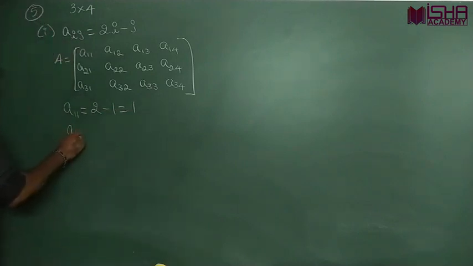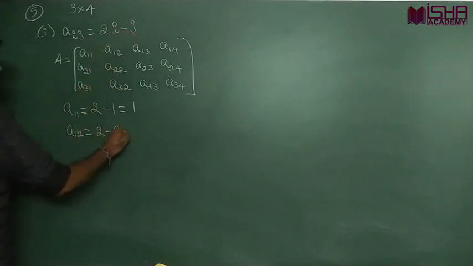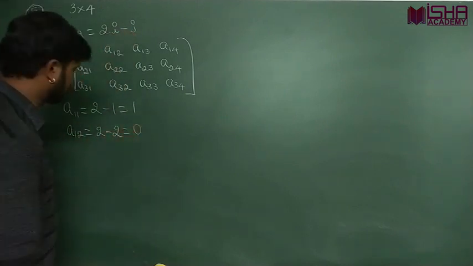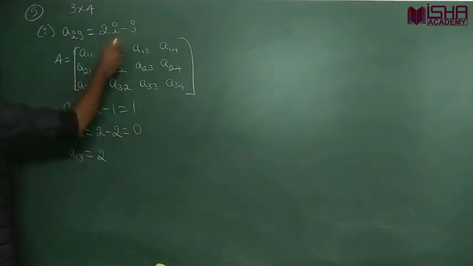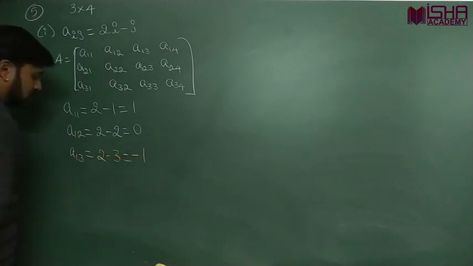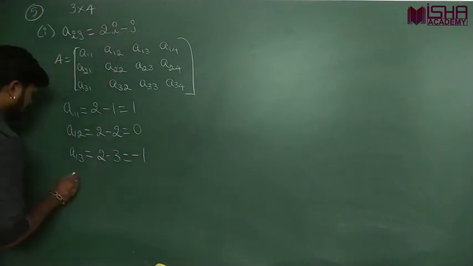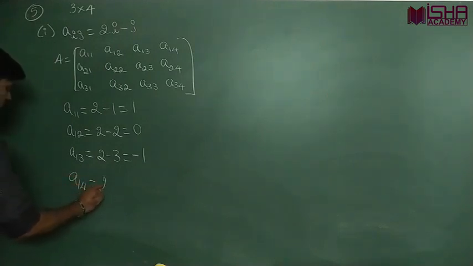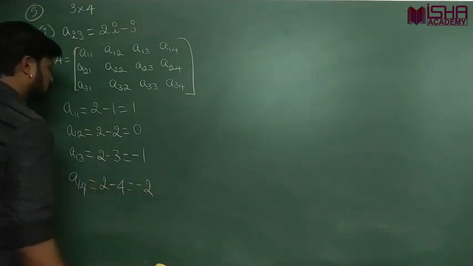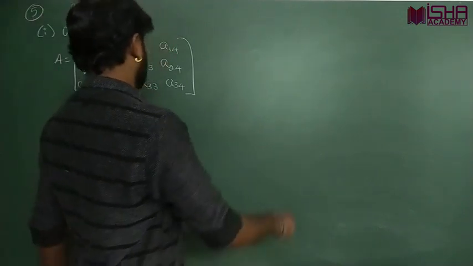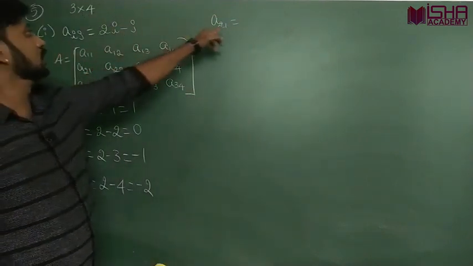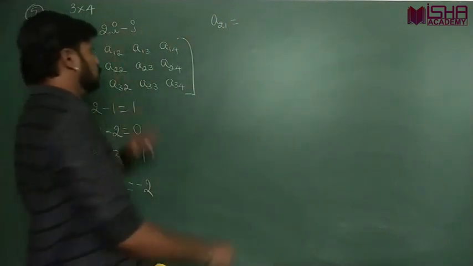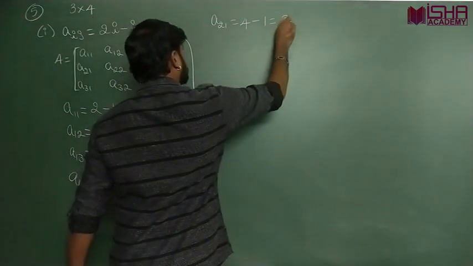Next, A12: 2 into 1 is 2, minus j, substituting 2, 2 minus 2 is 0. Next, A13: 2 minus 3 is minus 1. Next, A14: 2 minus 4 is minus 2. Correct? Next, A21: put i equals 2 and j equals 1. 2 into 2 is 4, minus 1 is 3.